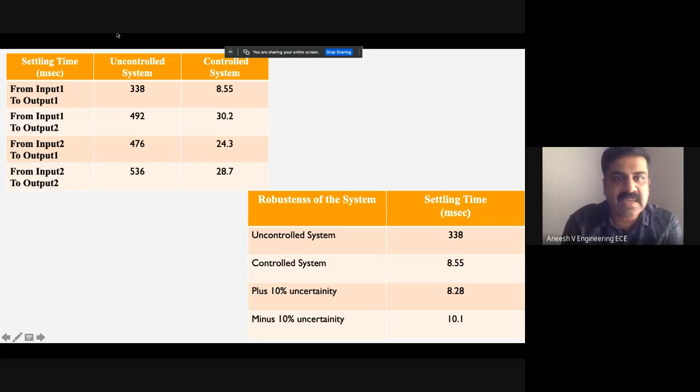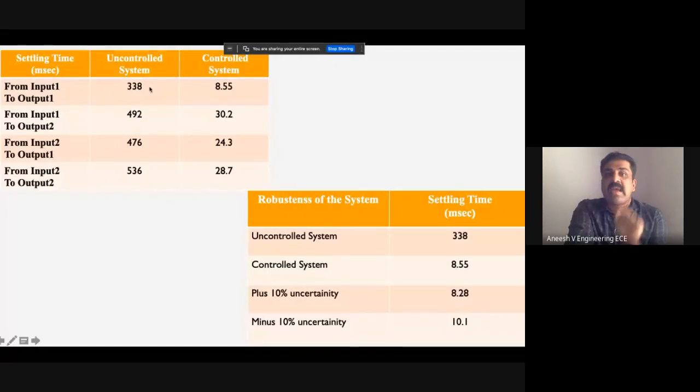The left side shows the settling time, for the uncontrolled and controlled systems, in milliseconds. Previously, with the uncontrolled system, it is 338. With a PID controller, we can reduce 338 to 300. In some cases, with fine tuning by Ziegler-Nichols or Cohen-Coon, with the PID controller we can make it 150.